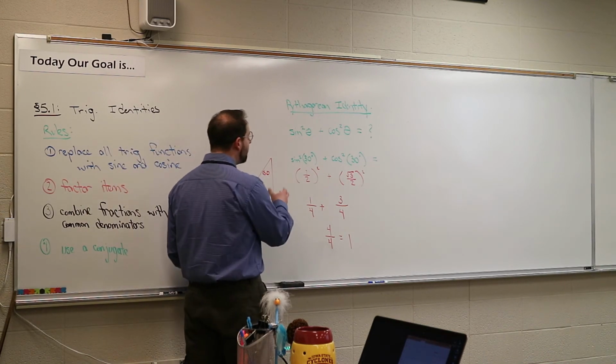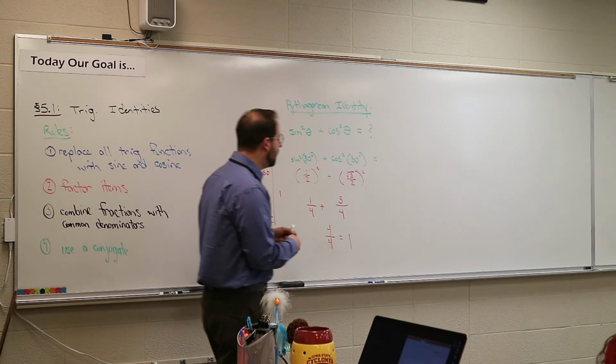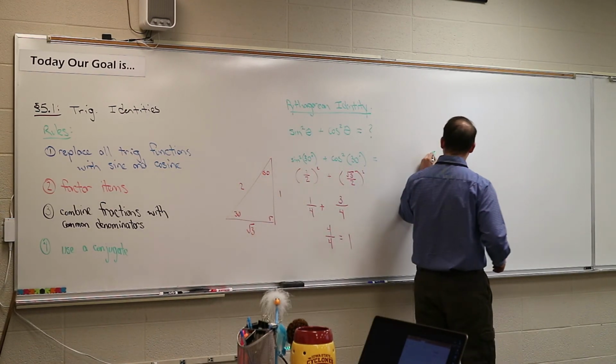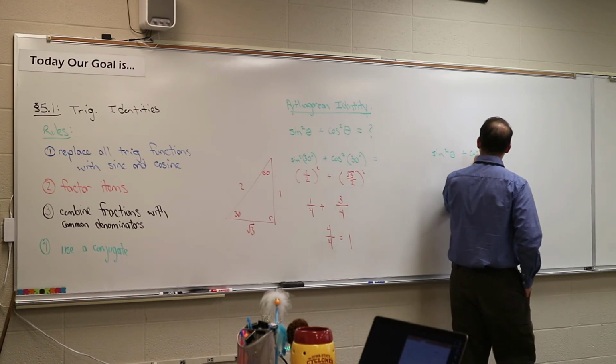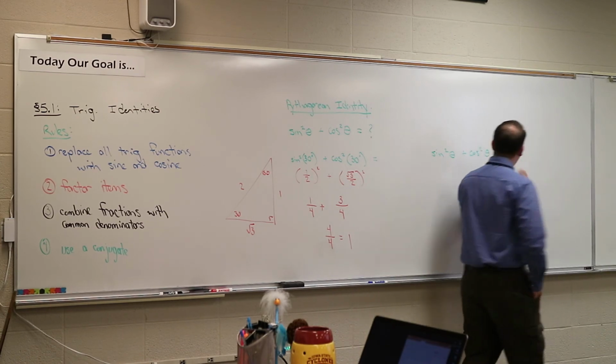What we can use this Pythagorean identity for, knowing that no matter what angle you pick, the sine squared of an angle plus cosine squared of an angle will always make 1.